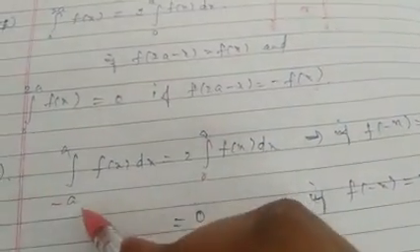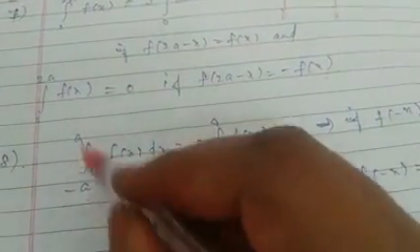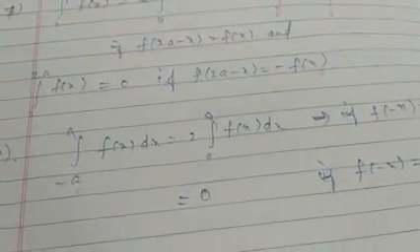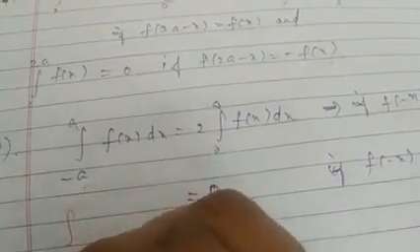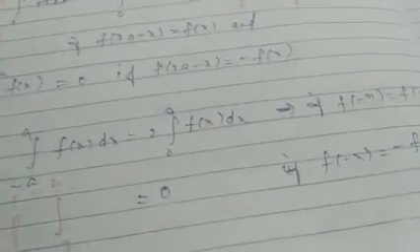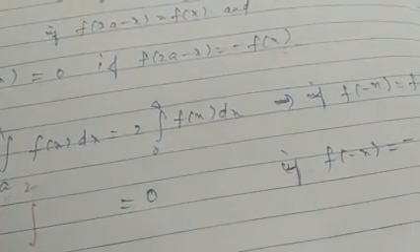The next topic is odd function or even function. Here it is from minus a to a, so the numbers are the same, only it is from minus to plus, f of x dx. So it could be from minus 1 to 1 or from minus 2 to 2; you check whether it is an even function or an odd function.